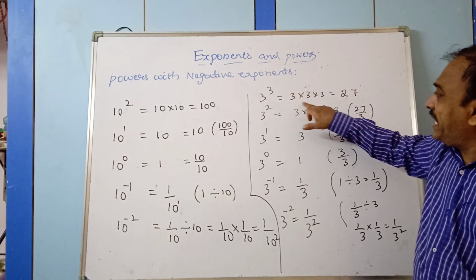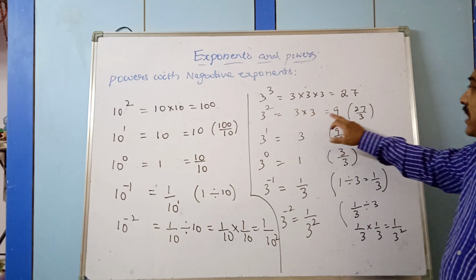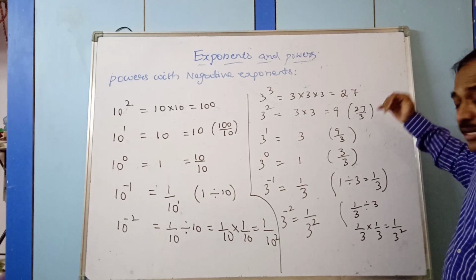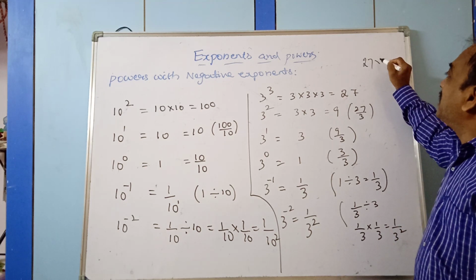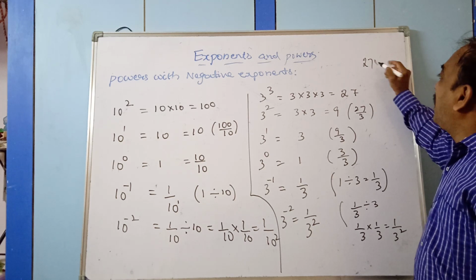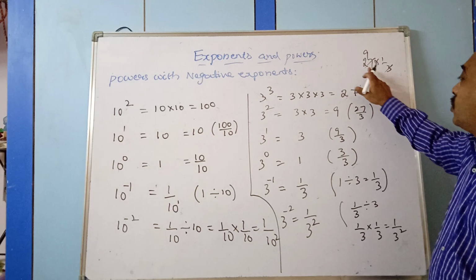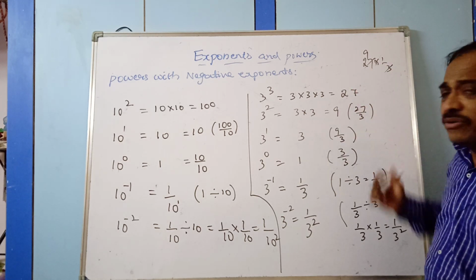3 power 3 is 3 into 3 into 3, which is 27. 3 power 2 is 3 into 3, which is 9. That means 27 is decreased to 1/3 of 27. 1/3 means what? 27 divided by 3. 3 nines are 27, so 1/3 of 27 is 9.